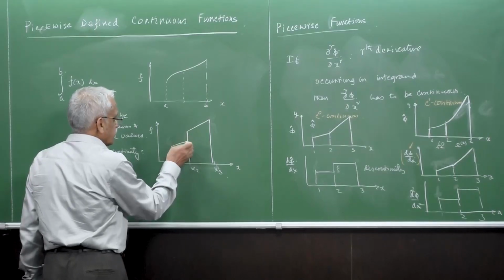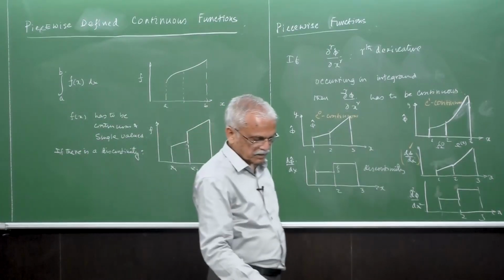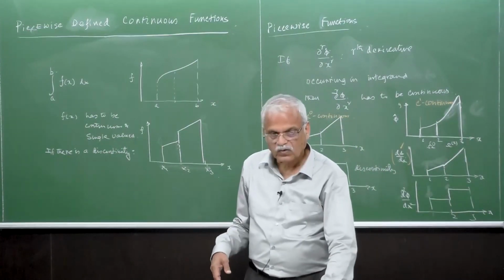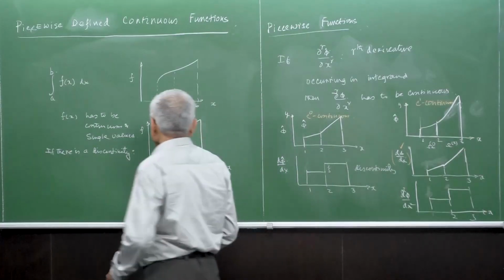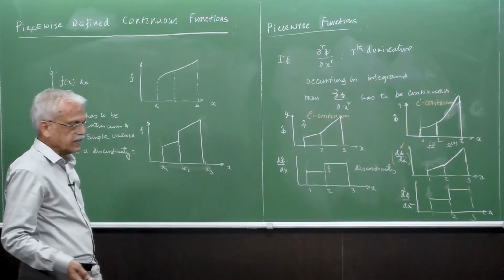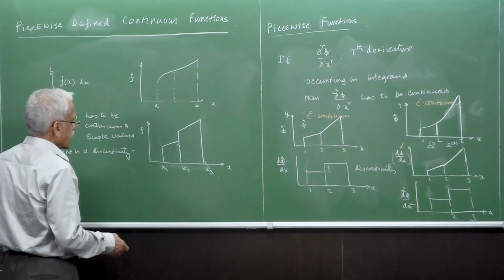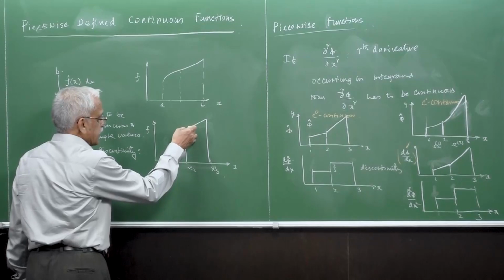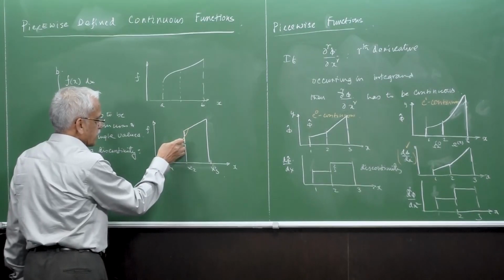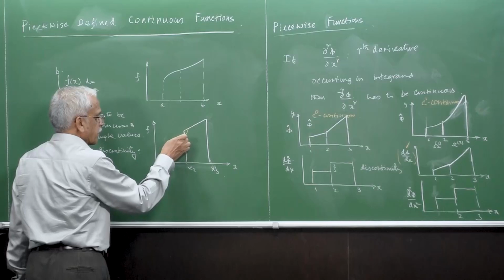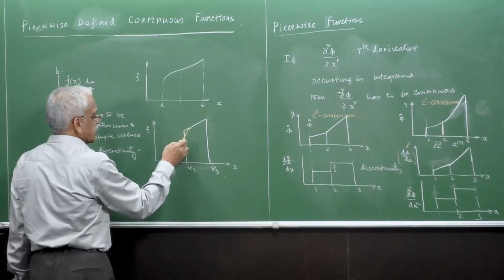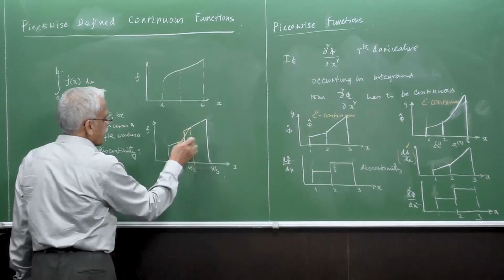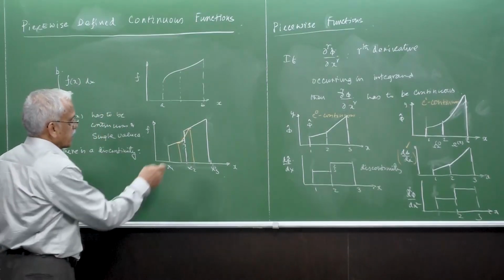The branch of mathematics which discusses this is Sobolev spaces, where they have piecewise defined functions and talk about integration and so on. To make it a regular, continuous function, they smoothen this part with another curve.